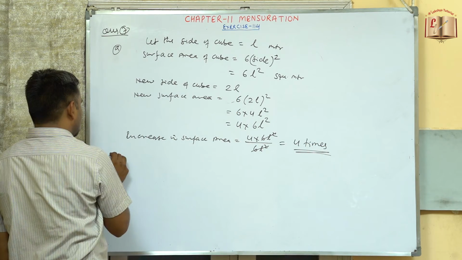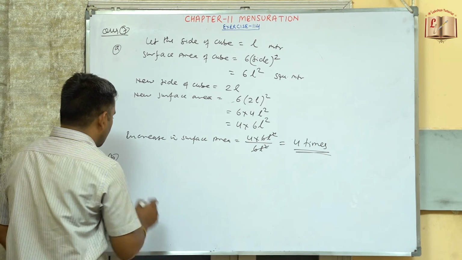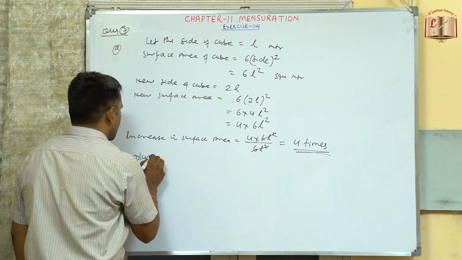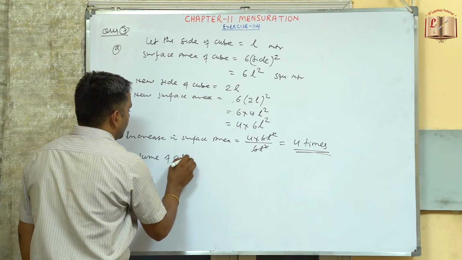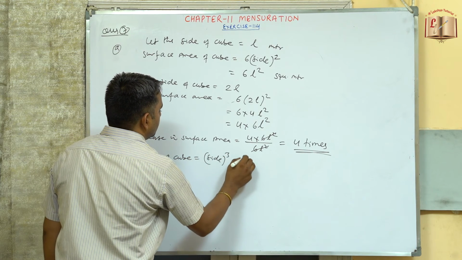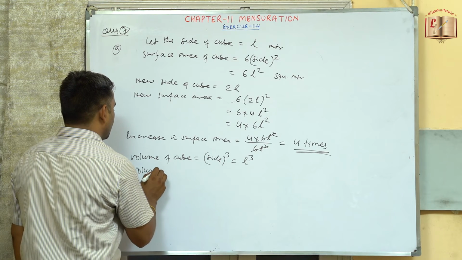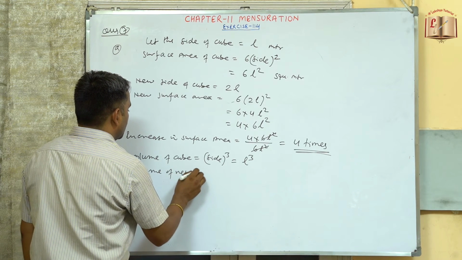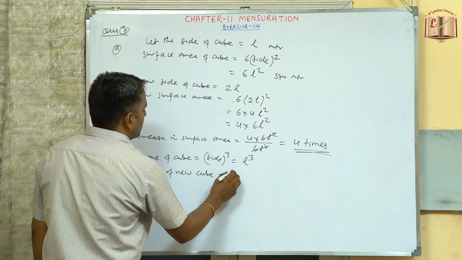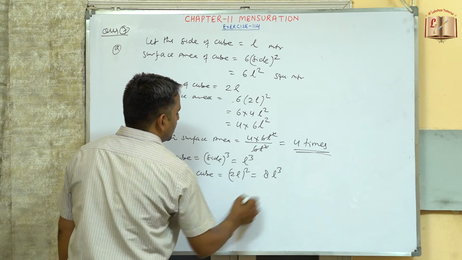This is A part. Now coming to the B part, how many times is the volume increased? So volume of cube equals side cube, so this will be L cube in this case. So volume of the new cube, with the side 2L, will be 8L cube.